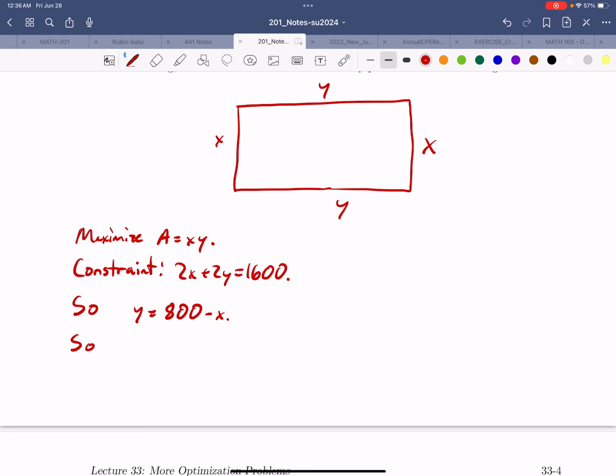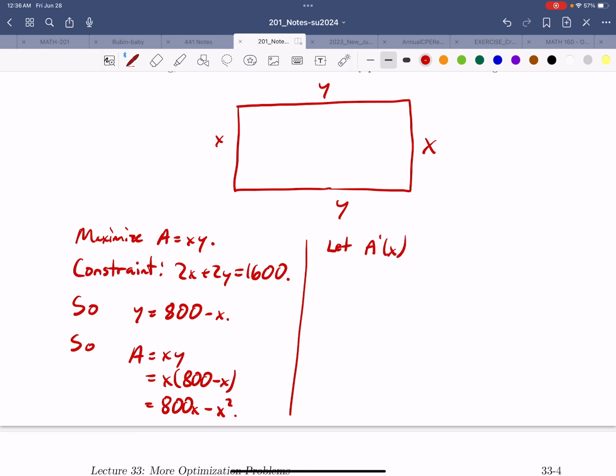And that means that A equals xy, which equals x times 800 minus x, and that equals 800x minus x squared. So we're going to let the derivative of our area function equal 0.